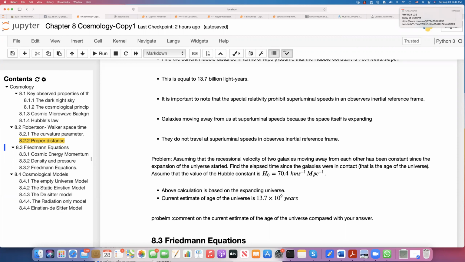The question is asking: from that particular point, what is the elapsed time? How long have we spent since that point? I hope you can understand what I am telling here, and that is basically the age of the universe, right? So I want you to do that calculation.